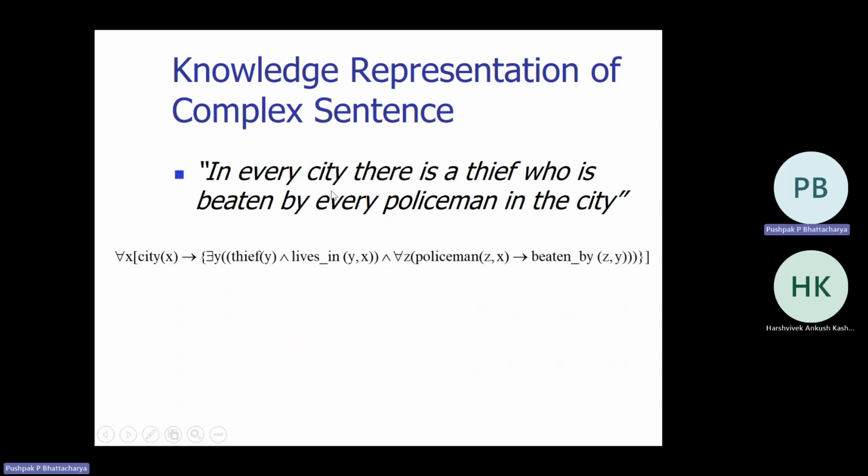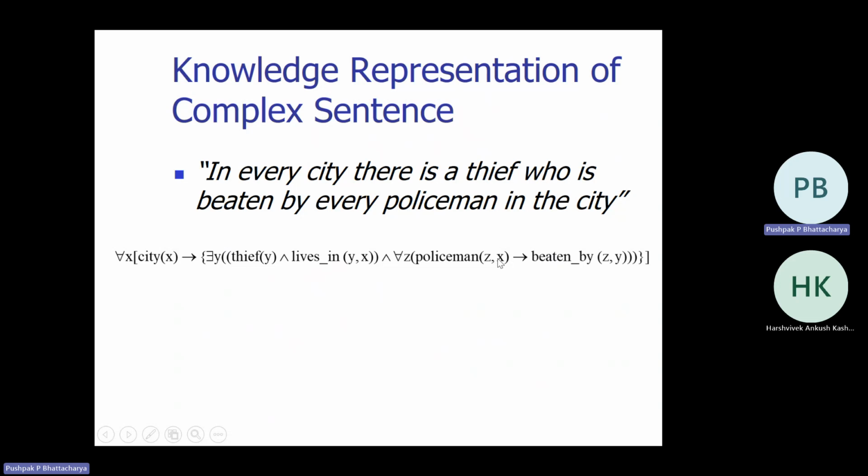In every country, there is a city which is visited by every chief minister in the country. So that particular city is the capital of the country. The same formula can represent both if you assign the meanings to these predicates and the variables and the functions.